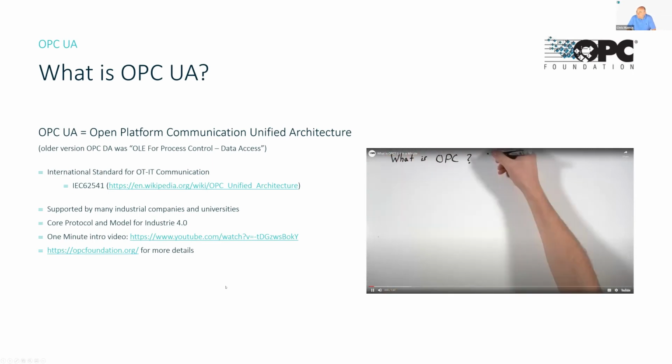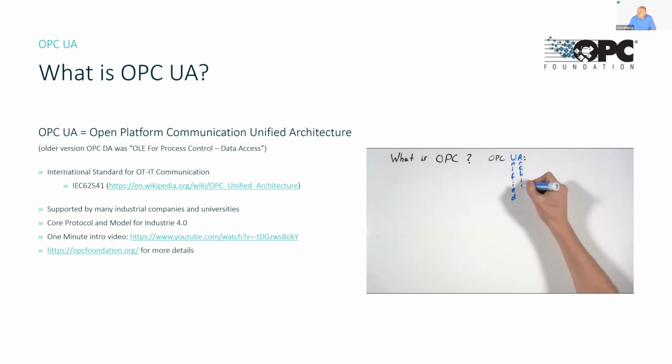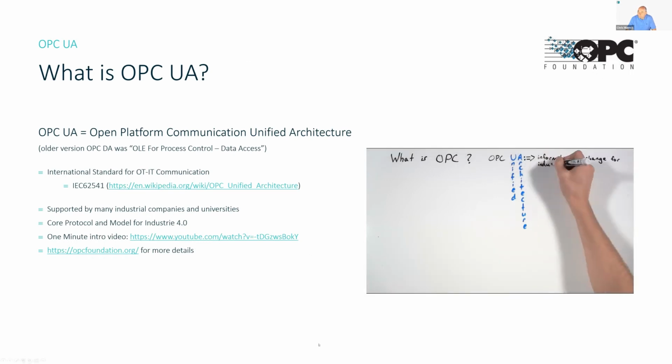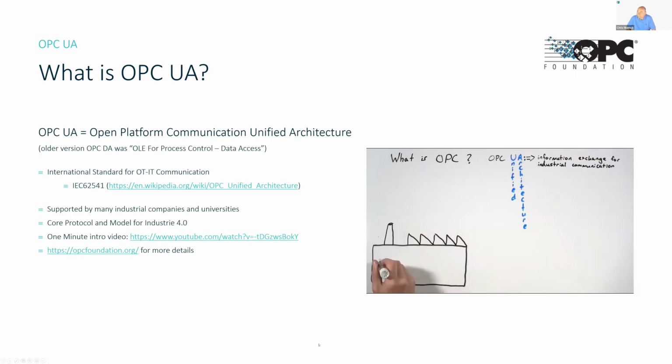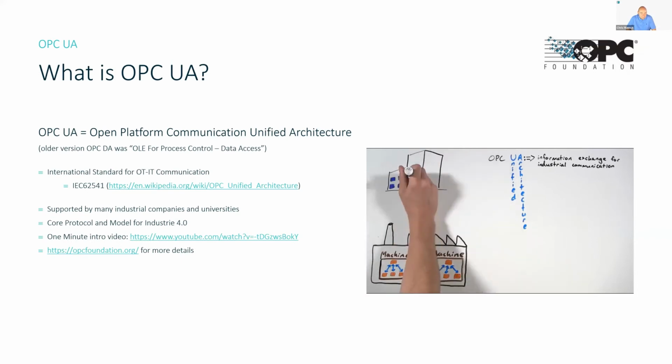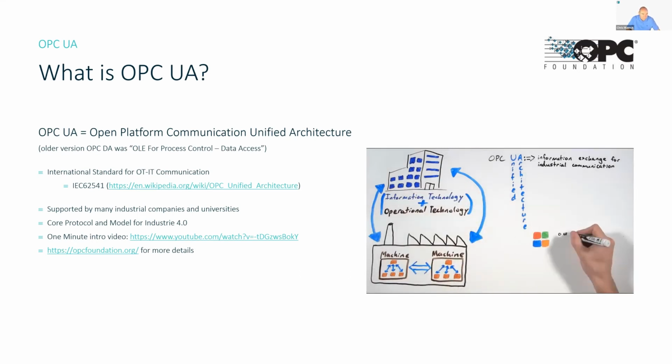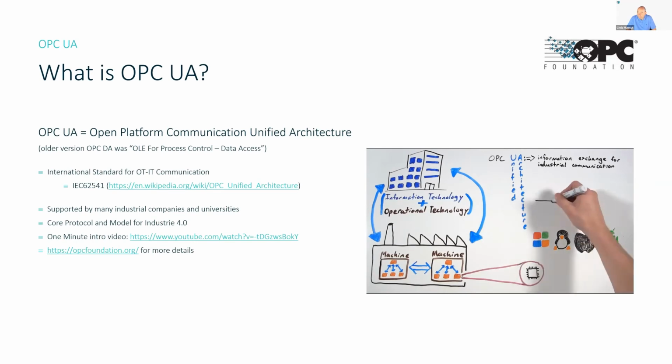What is OPC? OPC UA is an open standard that specifies information exchange for industrial communication, particularly on devices within machines, between machines, and from machines to systems in a convergence of IT and OT. It can be used with any software platform, Windows, Linux, Mac, Android, well, you get the picture. And this makes OPC UA scalable, from minimal embedded controllers to massive cloud infrastructures, even mobile devices.